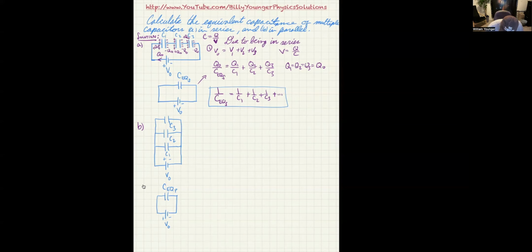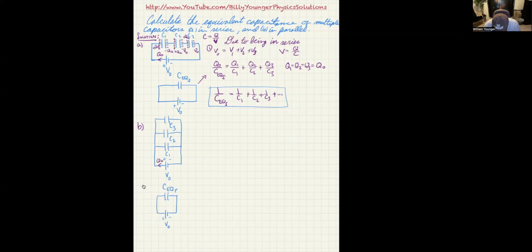But again, we're going to make the assumption that a total charge Q0 is coming out of the positive side of the battery. Again, it's not necessarily coming out, it's more like the positive voltage of the positive terminal of the battery acts like a positive charge, and it compels all the positive charges that are free to move in the wire to run around away from it.